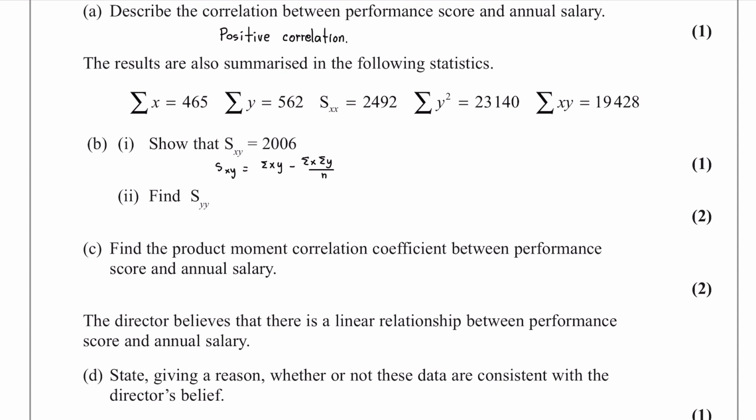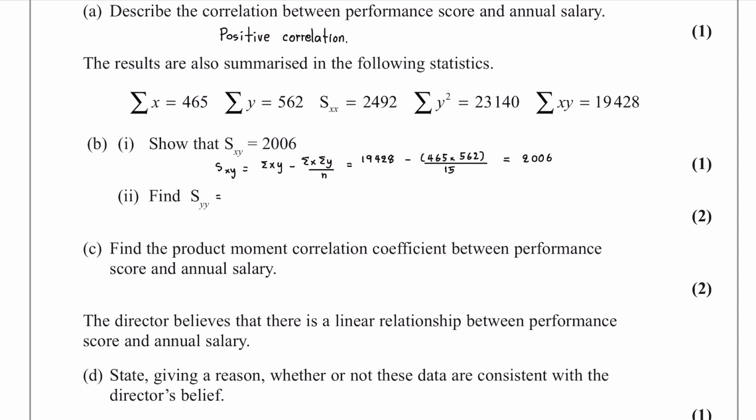And the summation xy is given, which is 19,428 minus summation x, which is 465, times 562, divided by n, which is 15. The answer is 2006.